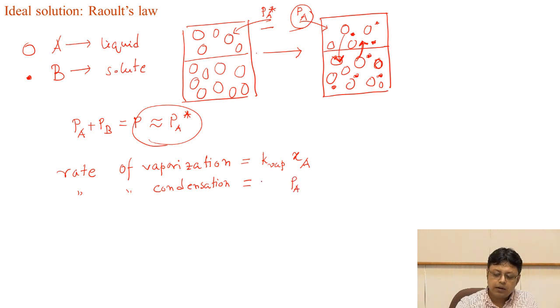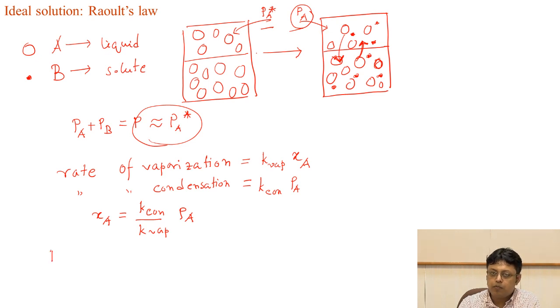So we can also consider a rate constant, K condensation. At equilibrium, we know that these two rates must be equal. So we can write that XA is nothing but K condensation divided by K vaporization times PA.